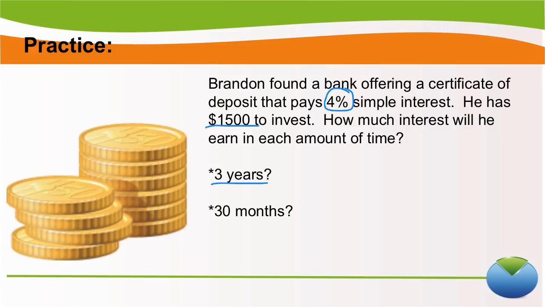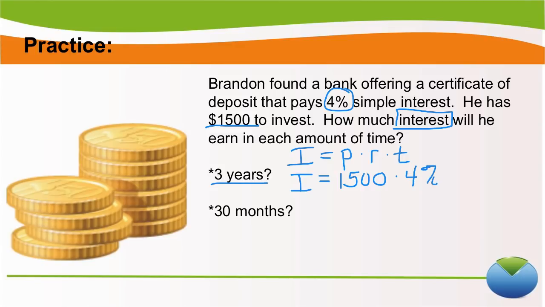We're going to use our formula, the interest, because that's what we're looking for, equals the principal, the money, times the rate as a percent, using the percent key, times the time in years. So our interest is going to be the money, $1,500, times 4, using the percent key, times 3.